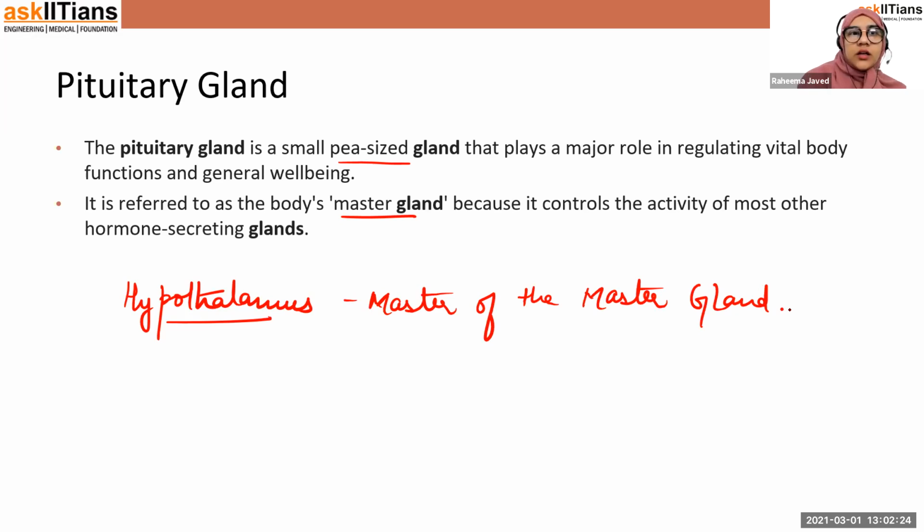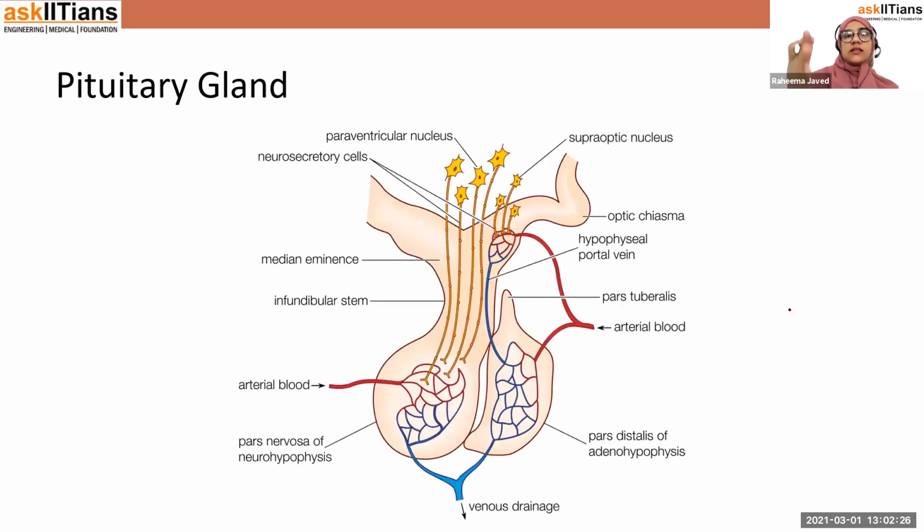So this is the structure of the pituitary gland. What I want to show you is that pituitary is divided into three important regions. There is pars nervosa, and pars distalis, and there is the intermediate pituitary also.